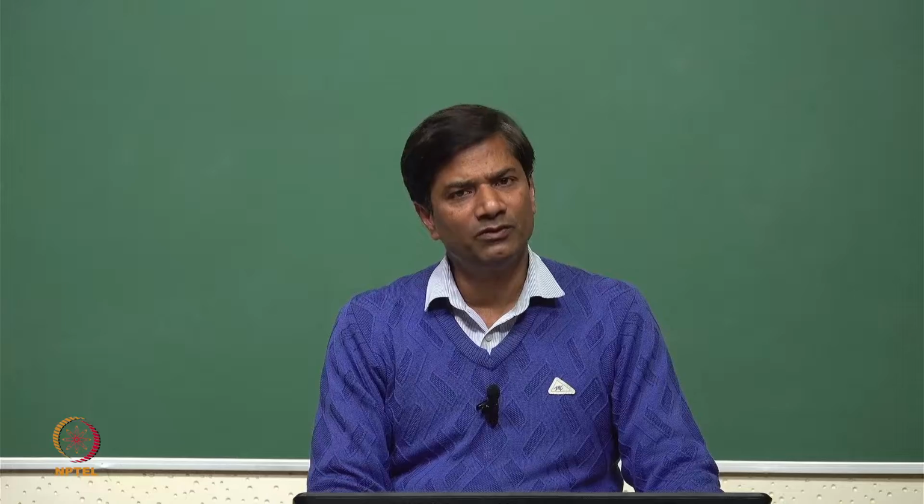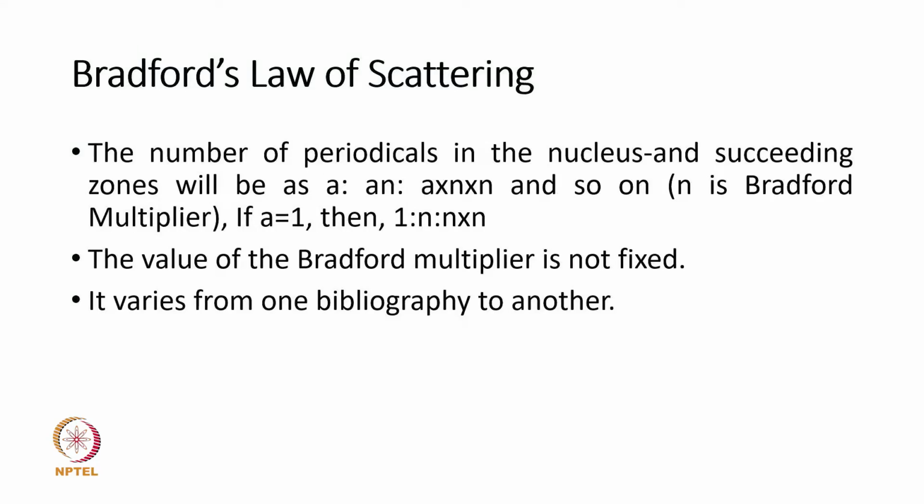The number of journals or periodicals in a nucleus and succeeding zones will be in the ratio of 1 : n : n square, because we have seen the geometrical progression.